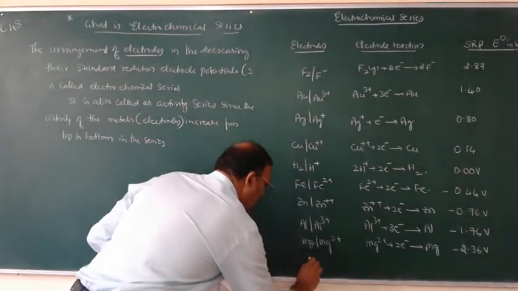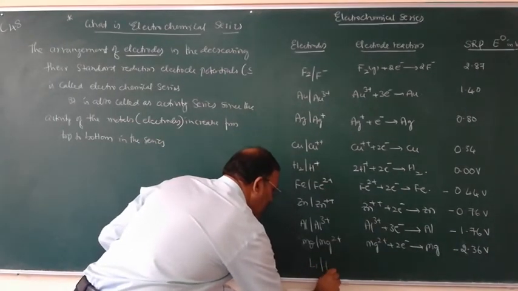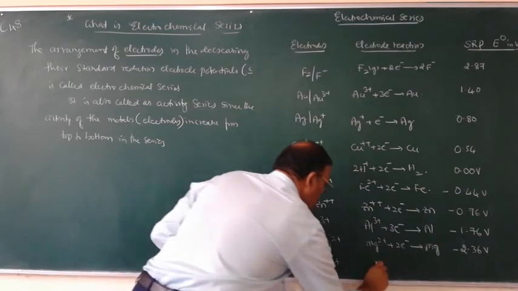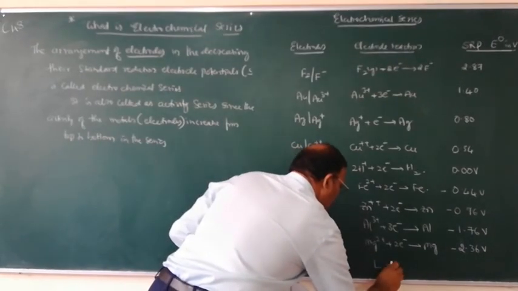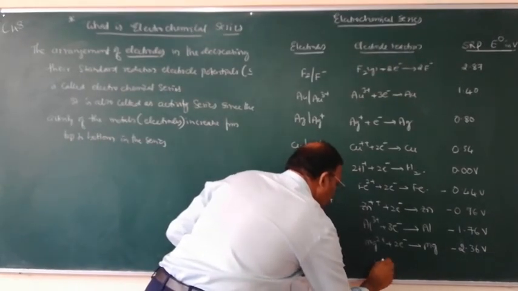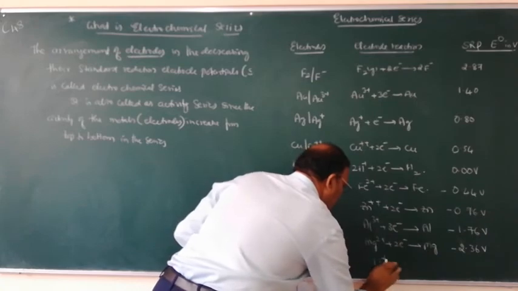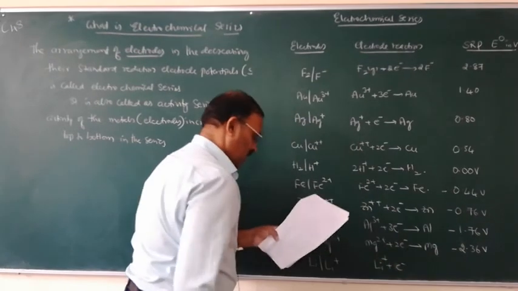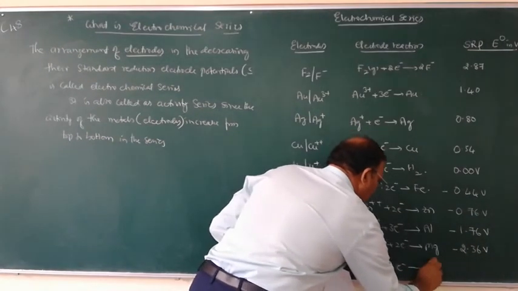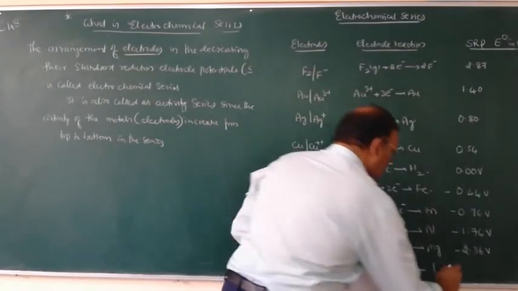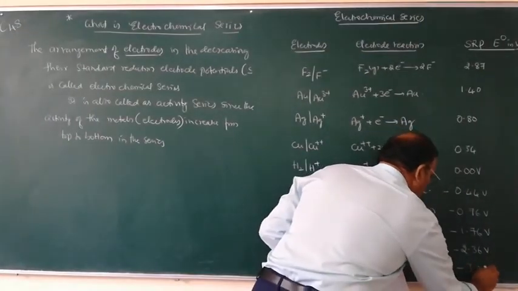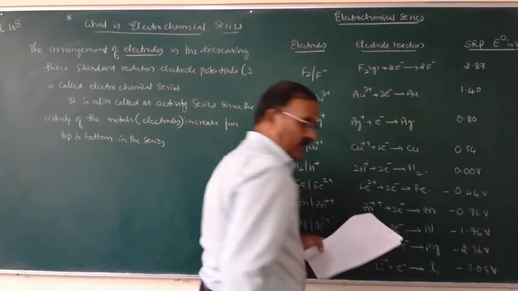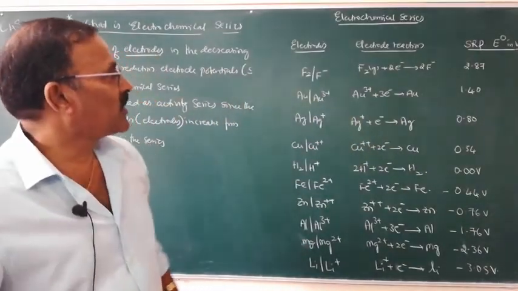And lastly lithium bar lithium ions: Li plus plus electron gives Li, minus 3.05 volts.